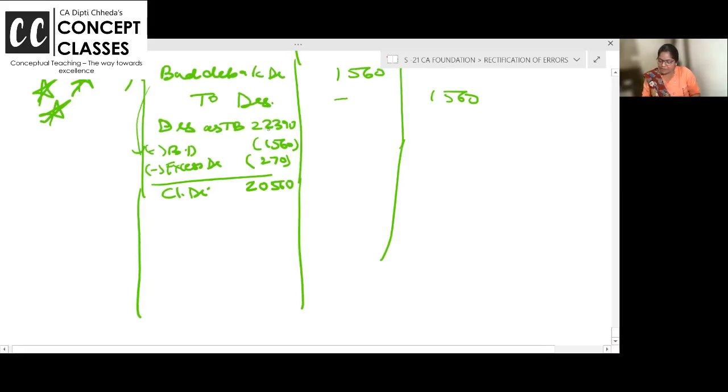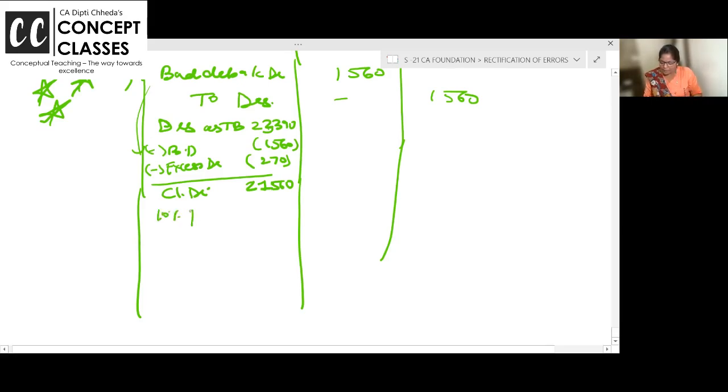Please make it as 23 and 21. I want to repeat, your debtors were 23, 1560 is bad debt, gone. 270 is mistake. So now it is 21,560.